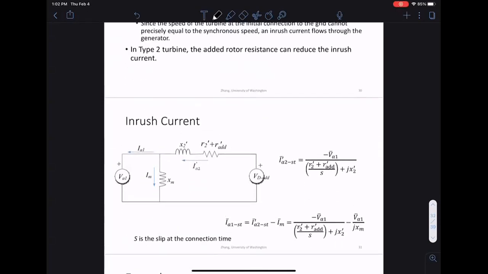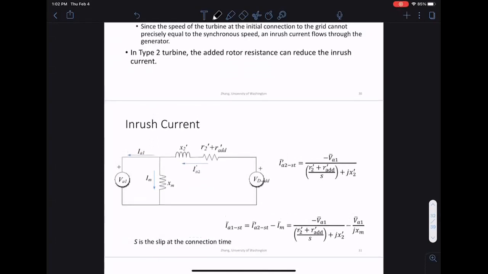Right? So let's see how that works. If you look at this type 2 and the inrush current, we want to understand what happens when you start at a high speed, at a slip at the connection time. So here S is large, and negative.